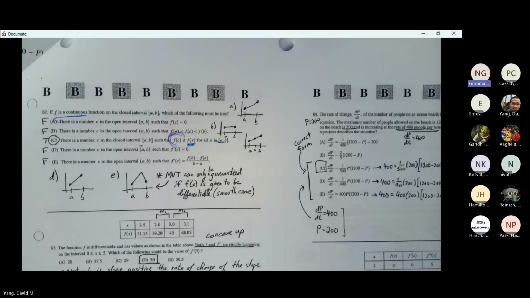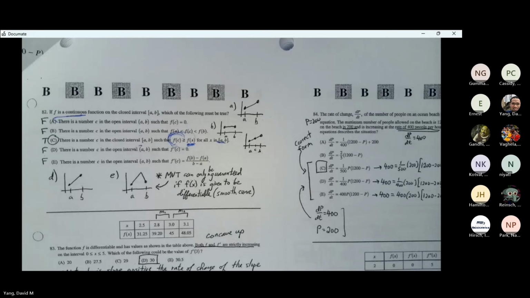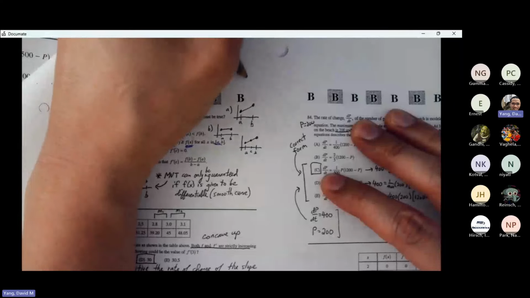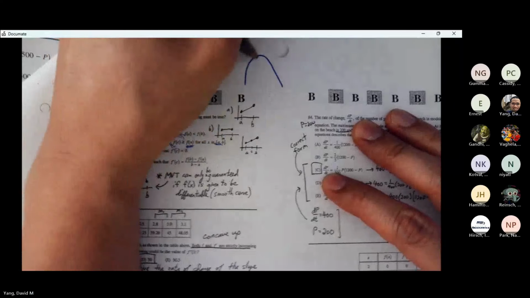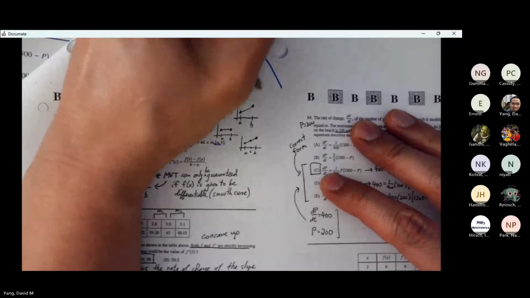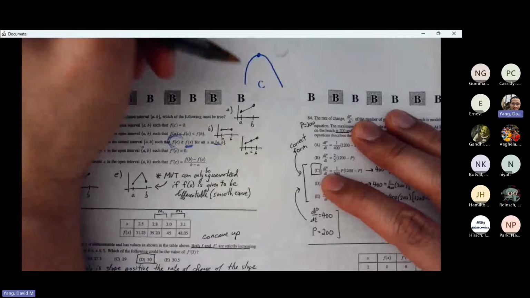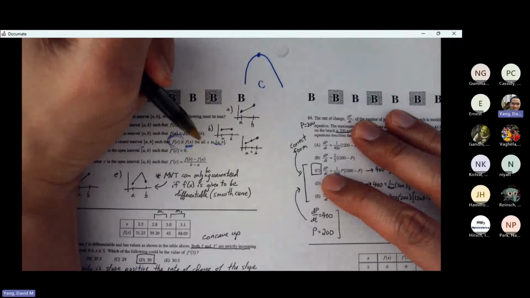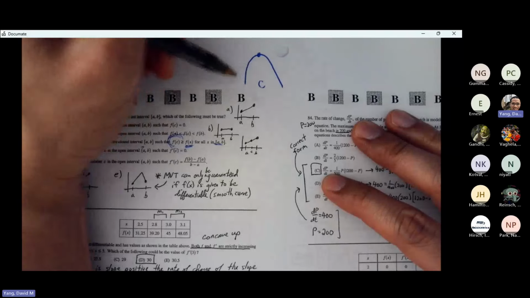But that's assuming the function's increasing. No, it doesn't have to. It just says that f of c could be here, right? f of c is greater than any x value on f of x.